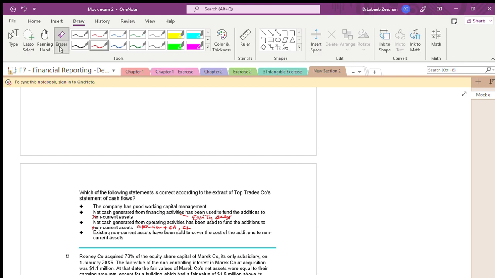What are they saying? The company has good. Which of the following statements is correct according to the extract of Top Grades company's statement of cash flow?